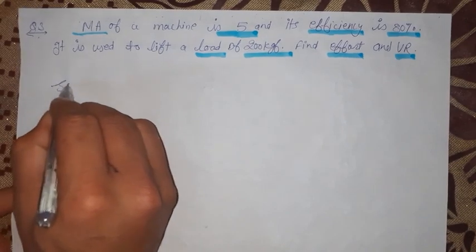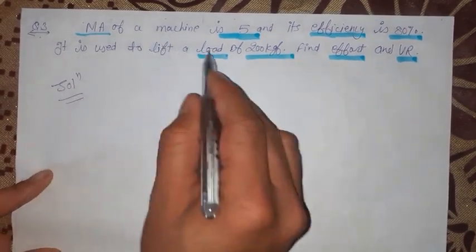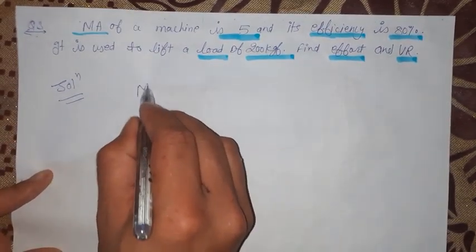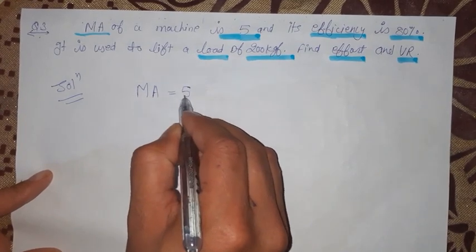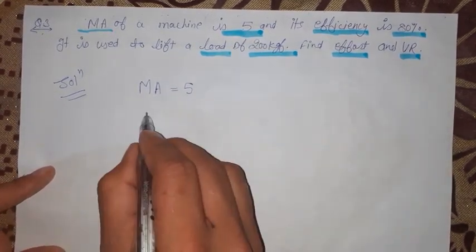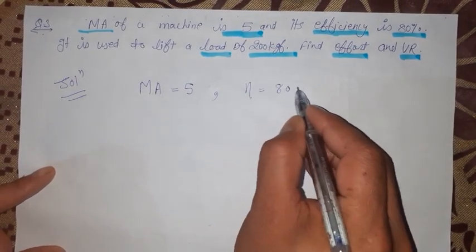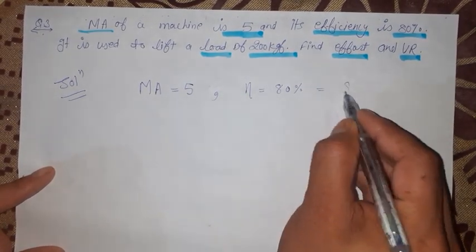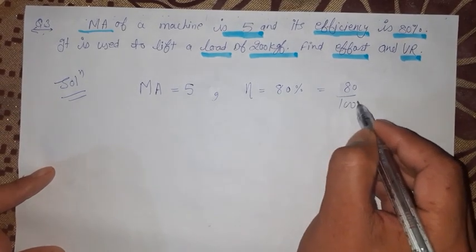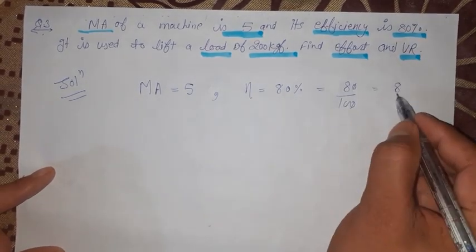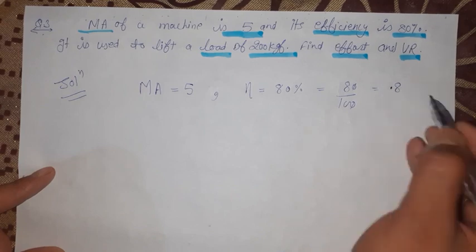So first, what is given to us. Mechanical advantage is given, which is equal to 5, and the second thing given is efficiency. Efficiency is 80%, or you can say it is 80 by 100, which is 8 by 10 or 0.8.